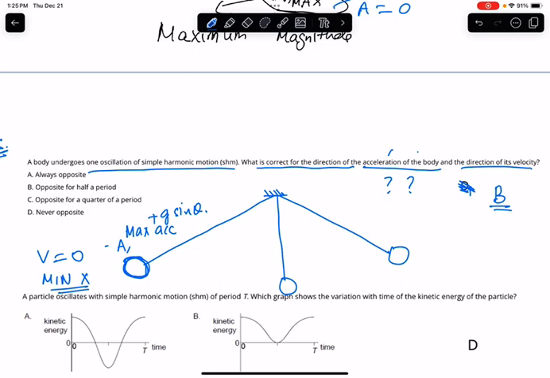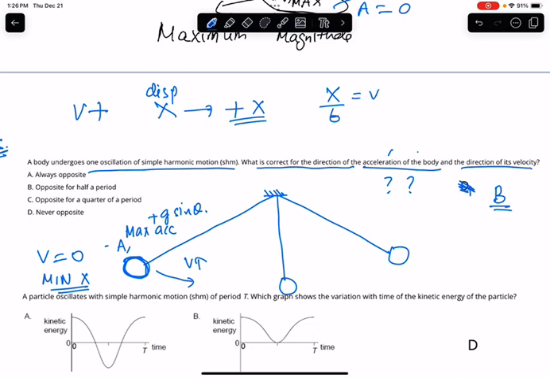Now, as the pendulum goes to the right, the velocity is rising. The velocity is rising as the pendulum goes to the right, and in this case the velocity is positive. If the displacement x is in the positive x direction, then the velocity will be positive, because velocity is just displacement by time.